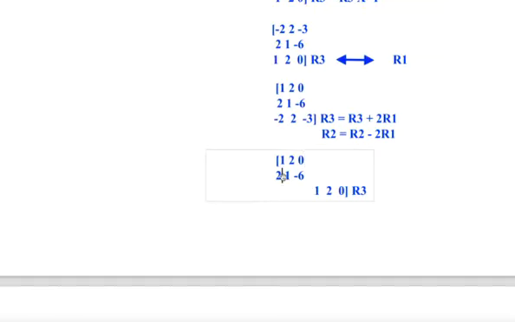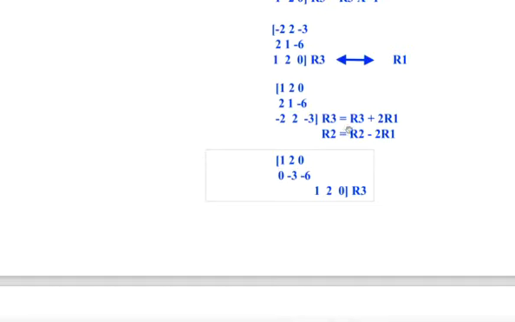R2 minus 2R1: 2 minus 2 is 0, then 1 minus 4 is minus 3. The last element, 1 minus 4 minus 6, that is minus 6 only.